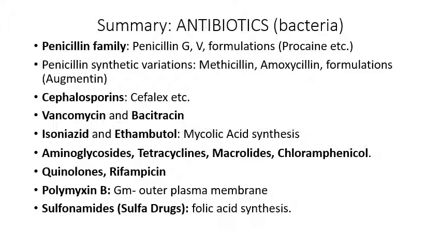Okay, so we talked about the penicillin family, the natural and the synthetic penicillins. We talked about the completely synthetic penicillins, which are the cephalosporins. We talked about vancomycin and bacitracin, which are two other methods that prevent bacterial peptidoglycan cell wall synthesis. We talked about isoniazid and ethambutol, which inhibit mycolic acid synthesis.